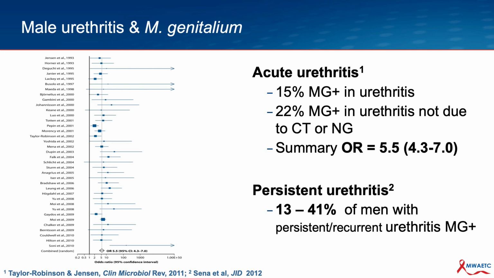And there's an even higher likelihood that M-Gen is implicated in people who present with persistent urethritis. This is likely because a lot of the treatments that we commonly give up front for chlamydia and gonorrhea don't treat M. genitalium, particularly now that there's more azithromycin resistance in M-Gen. I'll talk a little bit more about that later. So that's something to definitely keep in mind in your urethritis cases that you see in clinic.